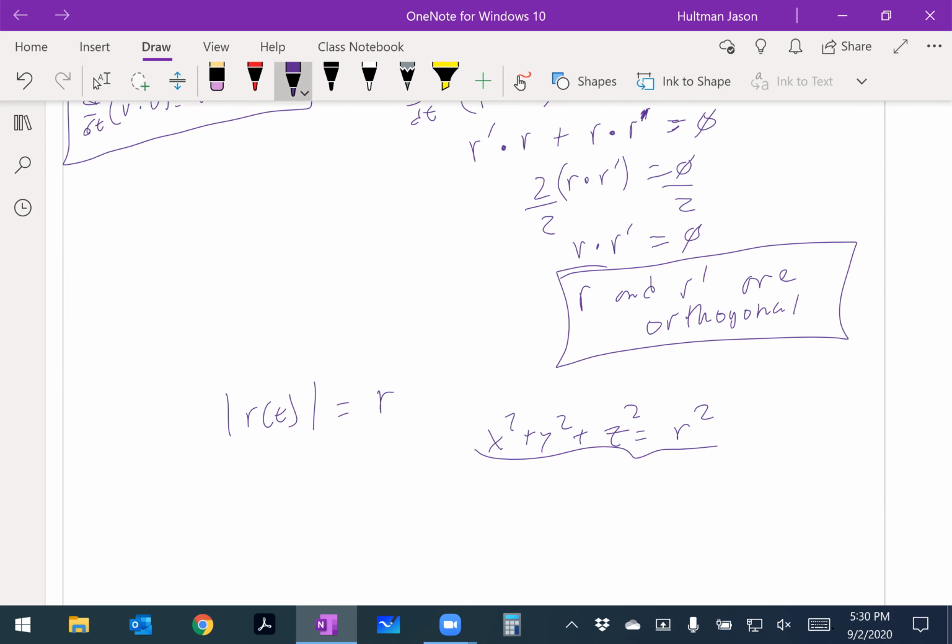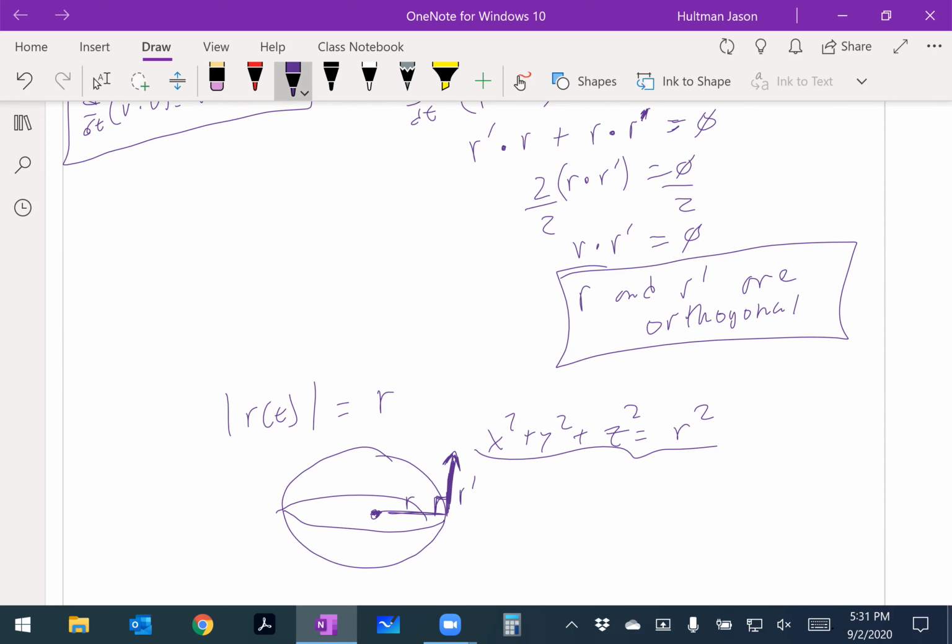Is that maybe the equation of a sphere in 3 dimensions? Absolutely. This is the equation of a sphere with radius r. And what does this tell me about any tangent to a sphere? All tangents to a sphere are what? They're all orthogonal. They're all 90-degree angles.